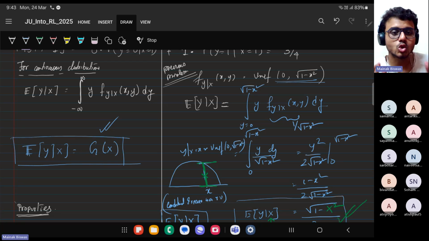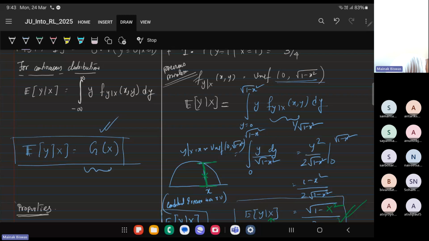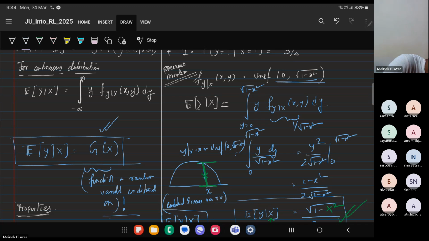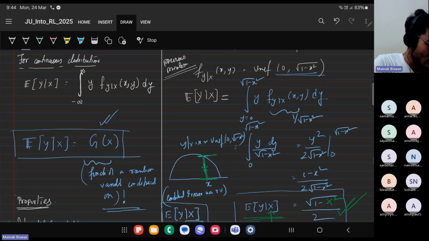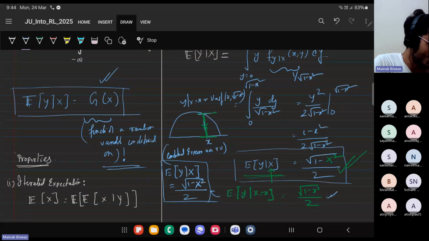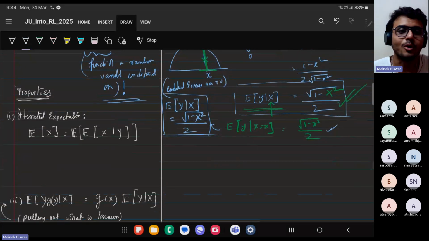So it's a function of the random variable we're conditioning on, just like we saw 1 minus x square by 2.